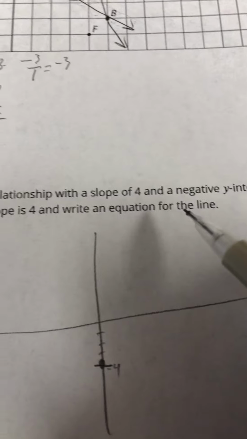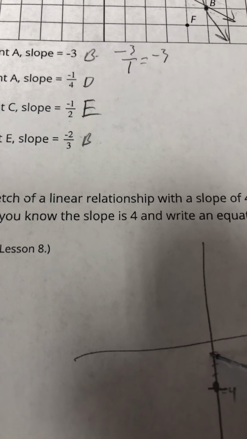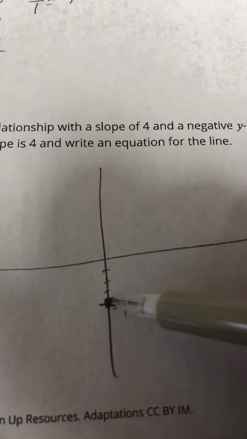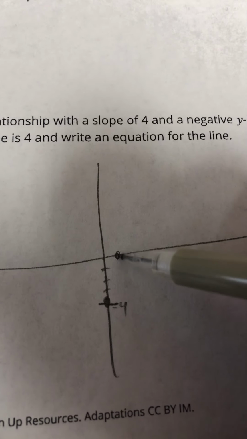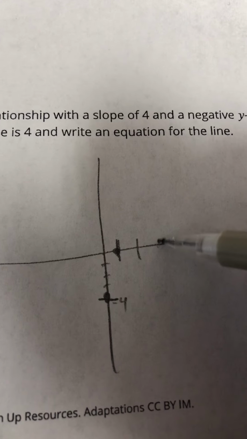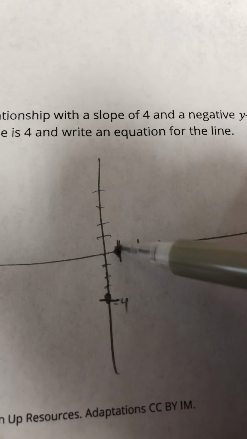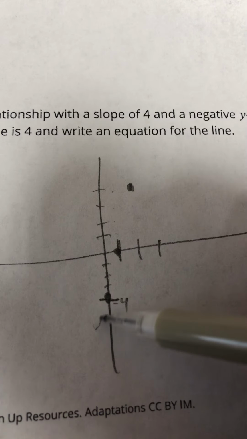Then you want a slope of 4, so from this point you go up 4, 1, 2, 3, 4 over 1. Then again up 4 over 1. Something like that.